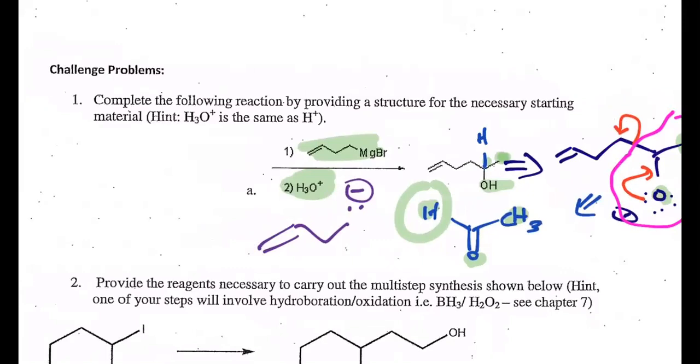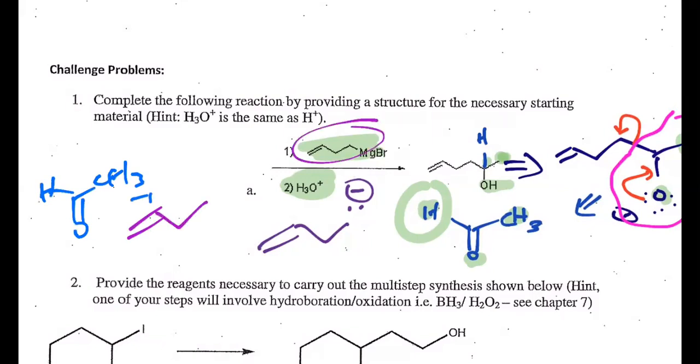It would be this aldehyde, H, plus this granular, which was given up here. That's how I know what granular I'm starting with. I just needed to figure out which aldehyde I was starting with.